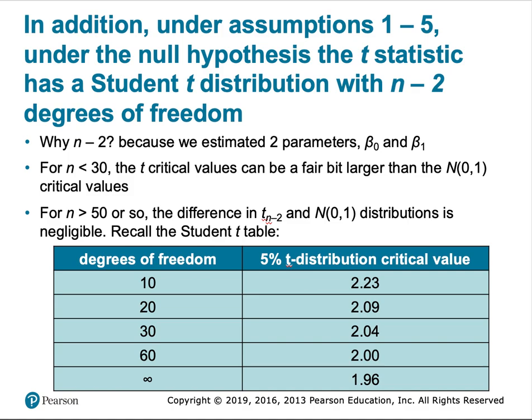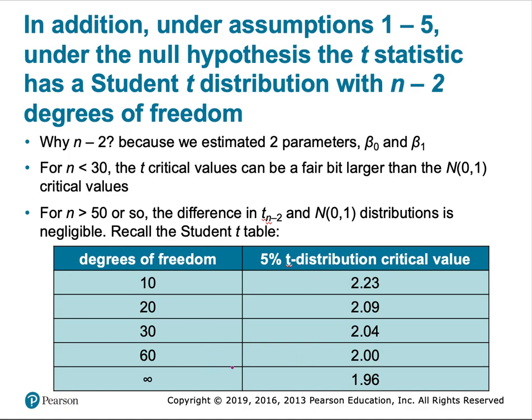If you recall the student's t-table, it's organized by degrees of freedom. We can look at the 5% t-distribution critical value. For 10 degrees of freedom, the critical value is 2.23, and the critical value decreases as the degrees of freedom go up.